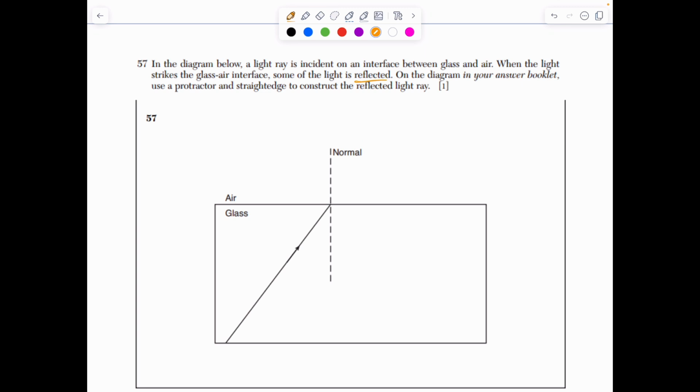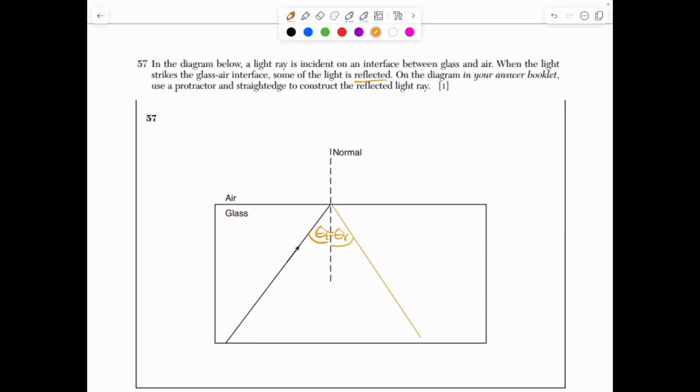And so this one's a nice, easy one. It's going to be reflected, and when we have reflection, our angle is exactly equal. So I should be using a protractor, measuring theta r, which is our reflected angle, and theta i, which is our incident angle. This theta r will be exactly equal to that incident angle.